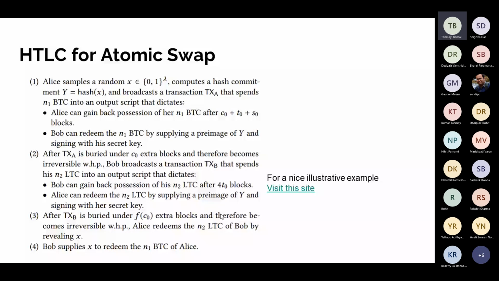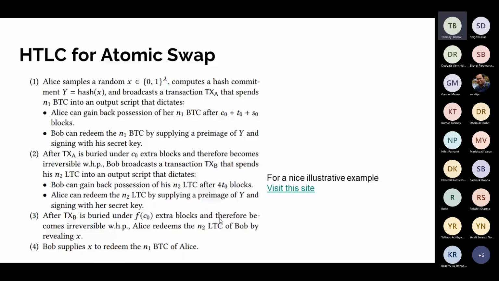In the LTC network, Bob would create a transaction which says that it will pay in LTC to Alice, and what is important is that this also uses the same hash value Y that was used by Alice to create her transaction. The pre-image X is known only to Alice. Alice created its hash Y, which was used to create the transaction paying N1 BTC to Bob.